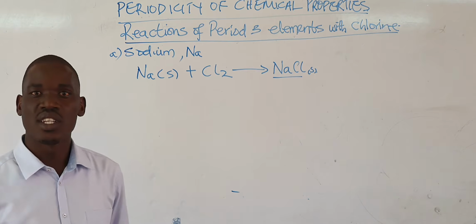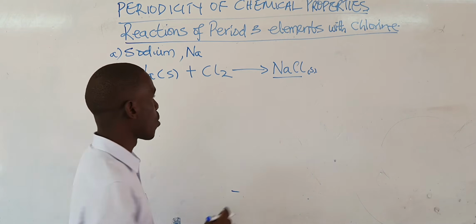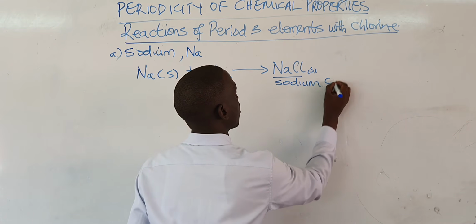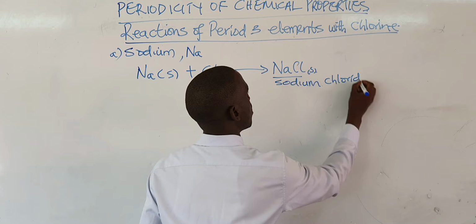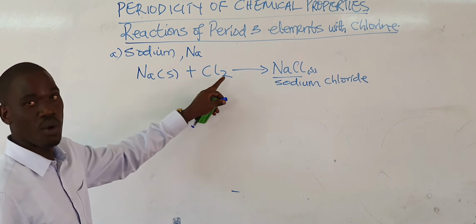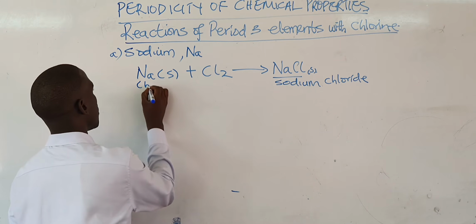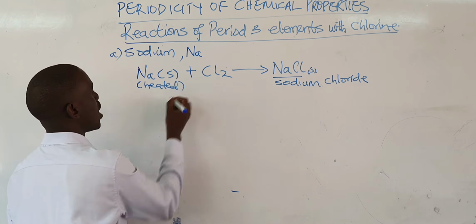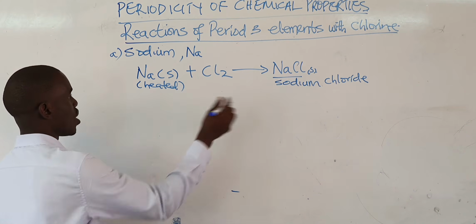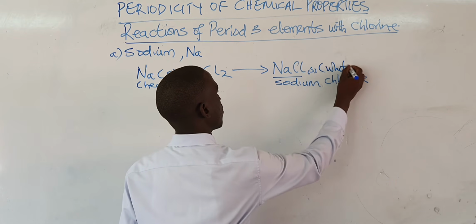This is the salt that we eat every day. The common salt is called sodium chloride. From the reaction of sodium and chlorine, the condition here is that we heat, then pass chlorine through it, to form sodium chloride. The color of sodium chloride is white.